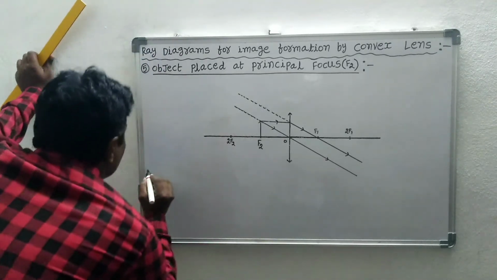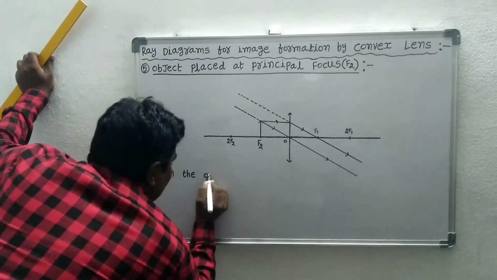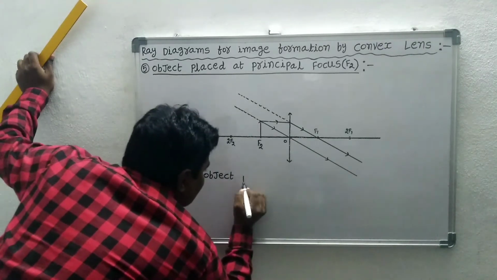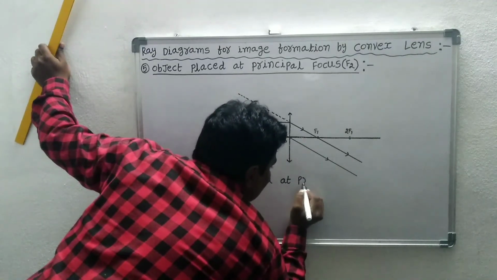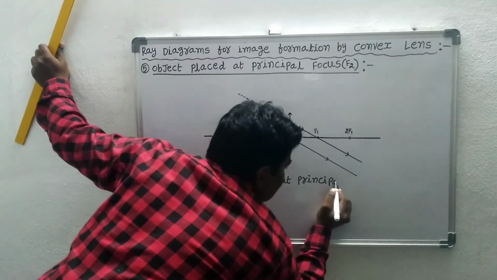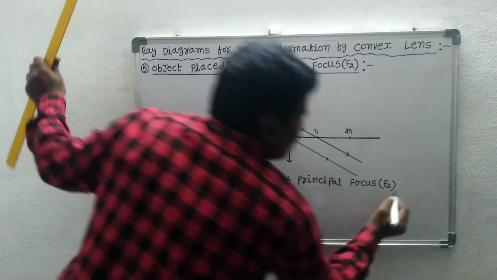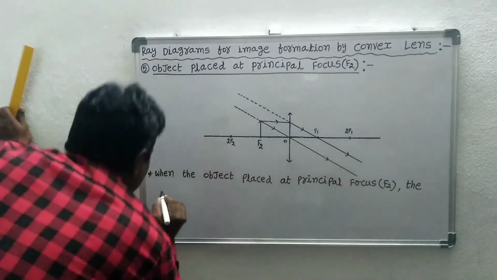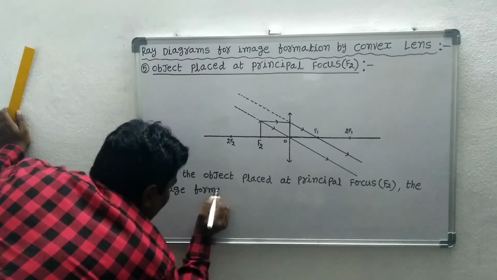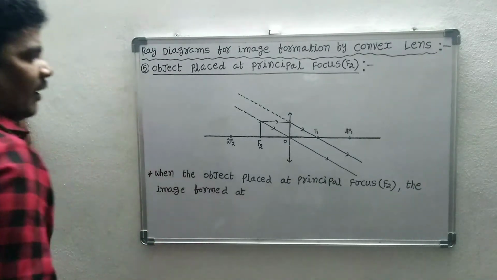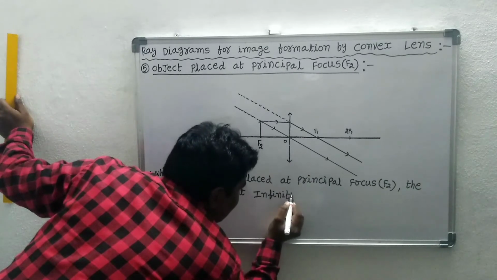Okay. So when the object is placed at principal focus, that is F2, the image is formed at infinity.